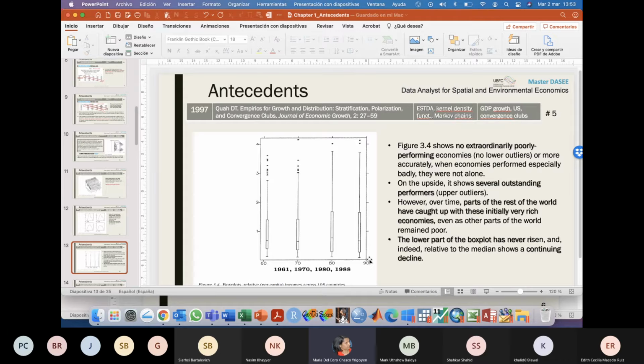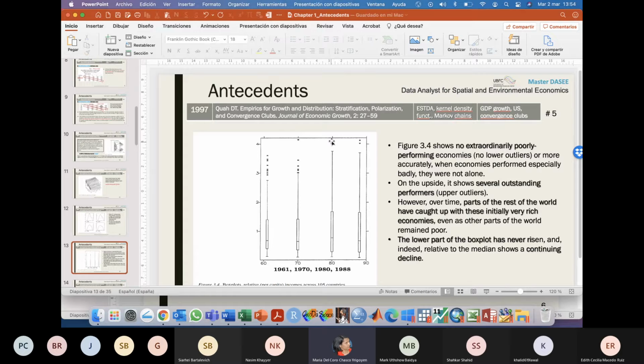This is the idea. However, on the upside, it did show several outstanding performers or upper outliers of countries. However, these initially outstanding economies, these ones in 1961, these dots here, were progressively being caught up by the rest of the world. As you see, you can see fewer outliers, and in the end, only two here.